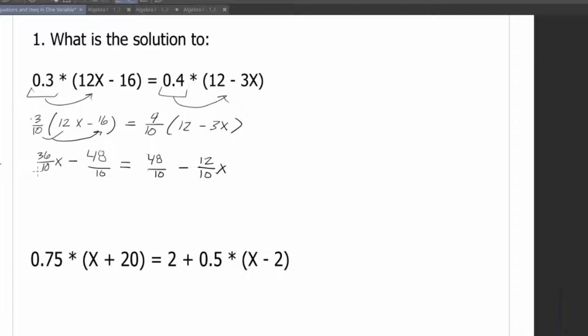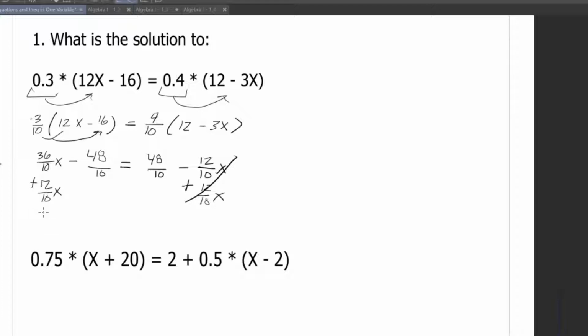What I'd like to do next is combine everything to one side. So right here, we're going to add 12 over 10x to this side, it's going to cross that out, and then we're going to add 12 over 10x to this side.